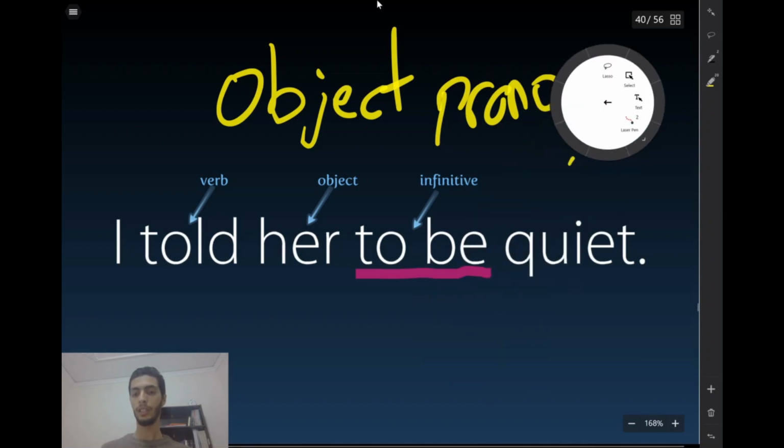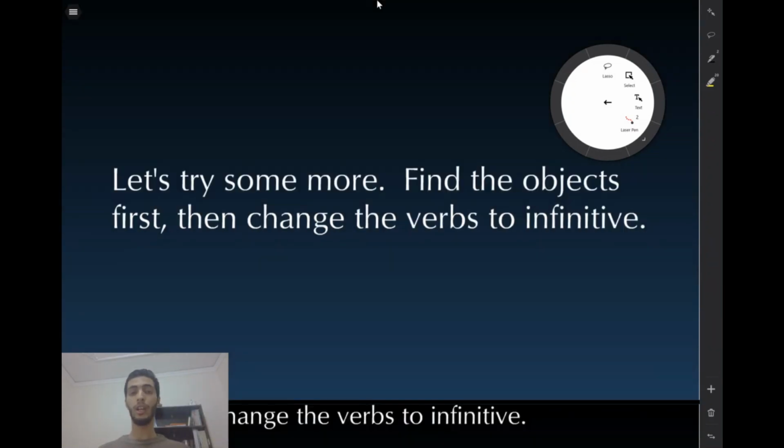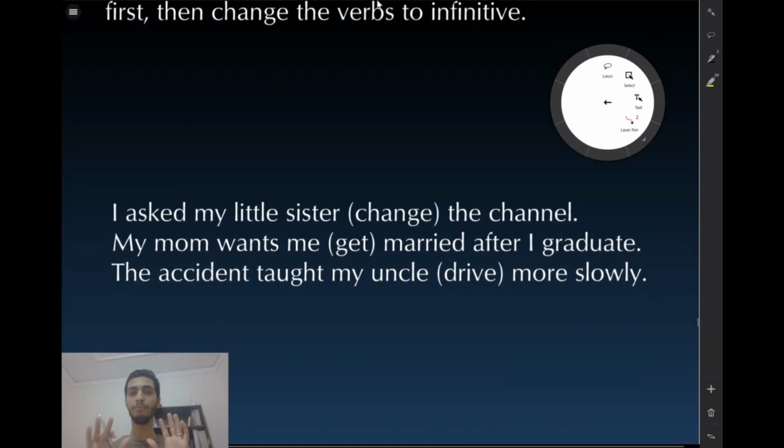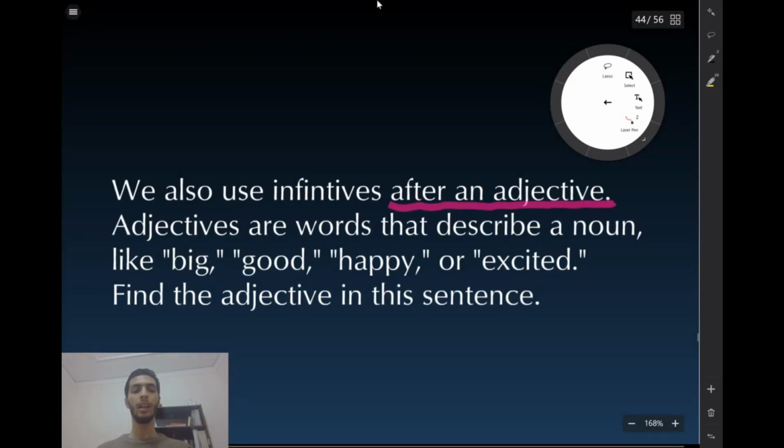All right. Now, let's try some more and find the object first. Now, pause the video again, do the exercise and continue once you finish. So, here's the answer. Answers of those sentences.